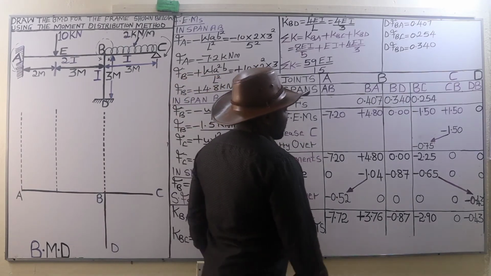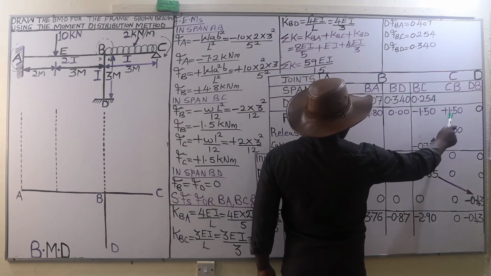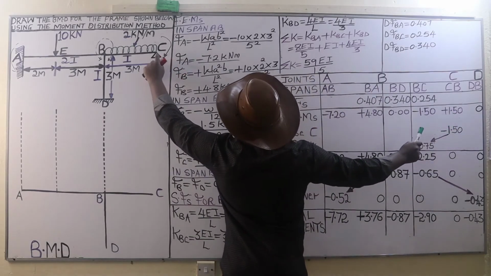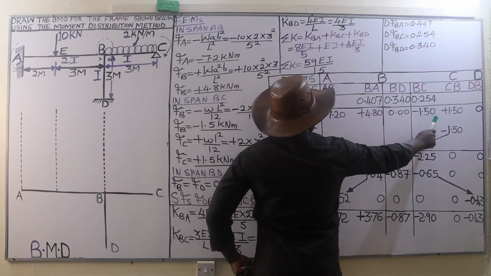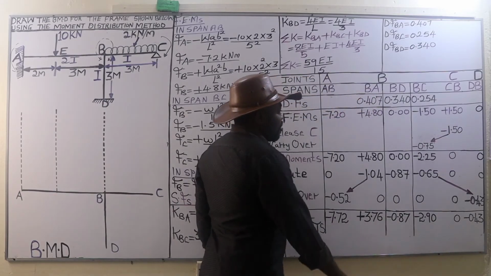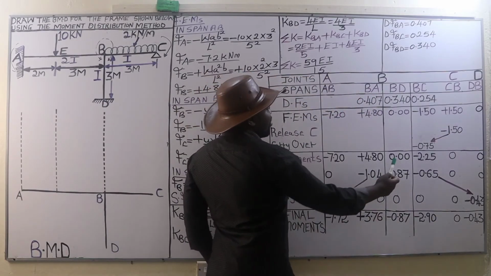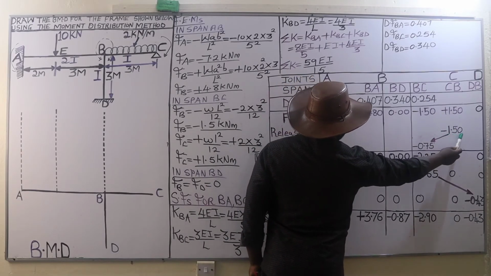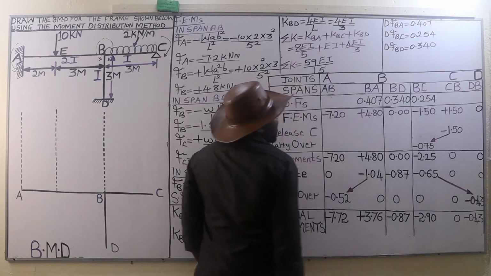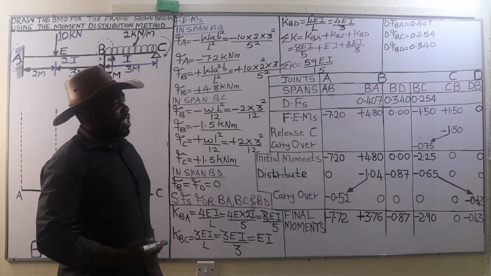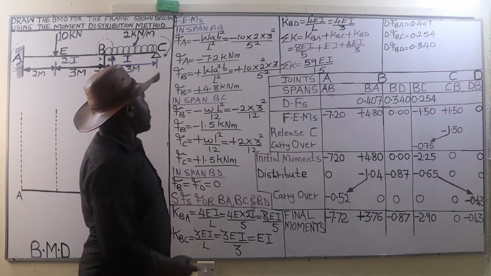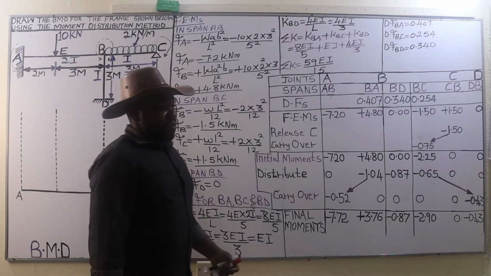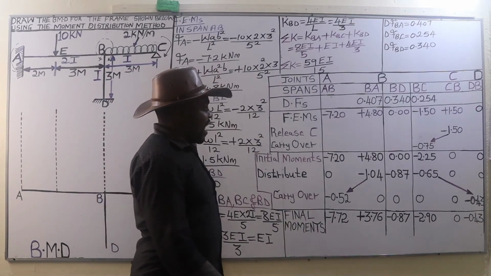In this case, the fixed end moment at joint C for member CB is positive 1.50. So we are going to release it with an equal and opposite moment, negative 1.50, so that the resultant moment gives us 0. So the joint C will be balanced in that form.